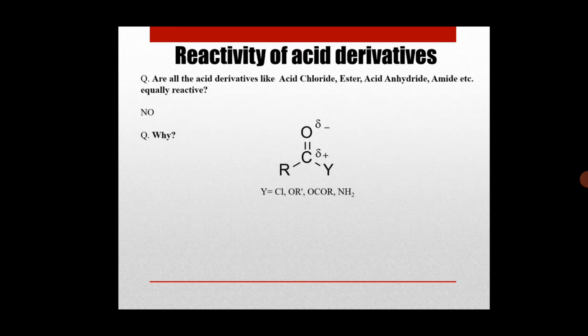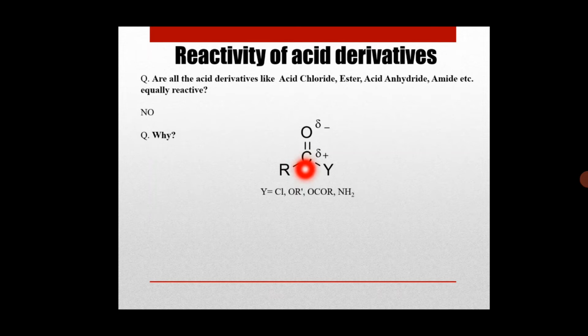Now these types of acid derivatives can undergo nucleophilic substitution reaction, where the attacking group is a nucleophile. Nucleophiles are electron-rich compounds, and so obviously it will attack the carbon which is positively charged.